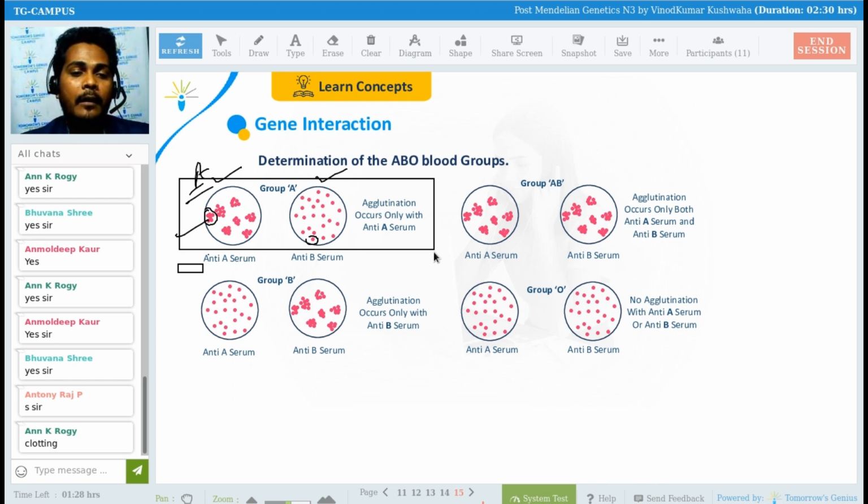Similarly, if there is an absence of clumping, what can we conclude? The mixture is clear with separate cells.